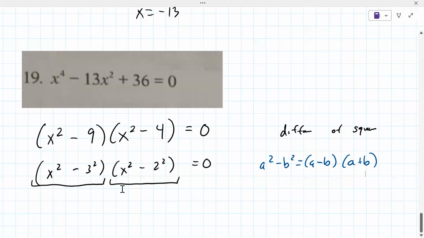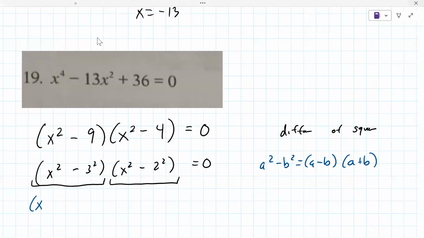Oh, that'd be 13. No, there's no 13. What is the number under the square? X. Okay, and what about over here? What's the number under the square? 3. Okay, so try again. X minus 3.